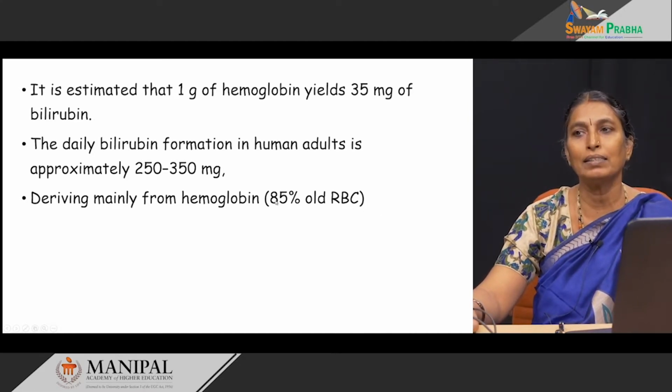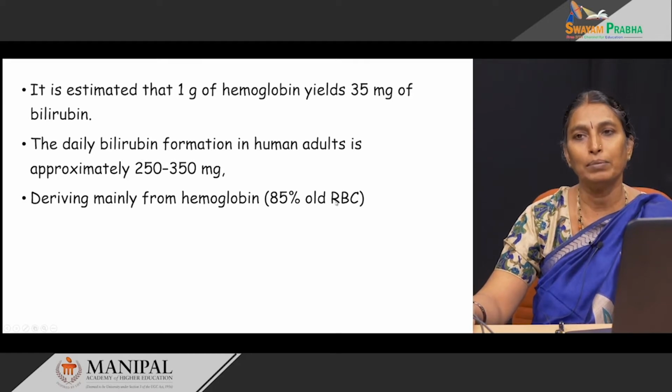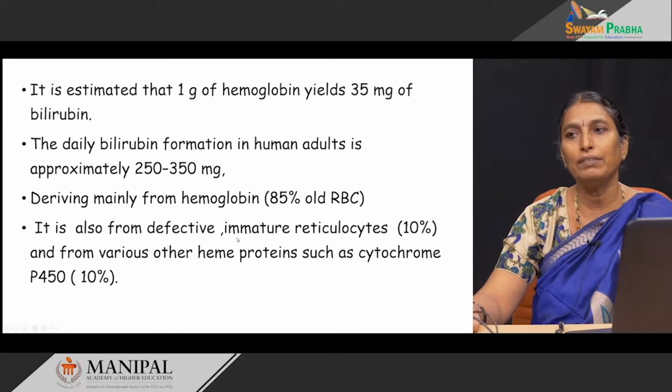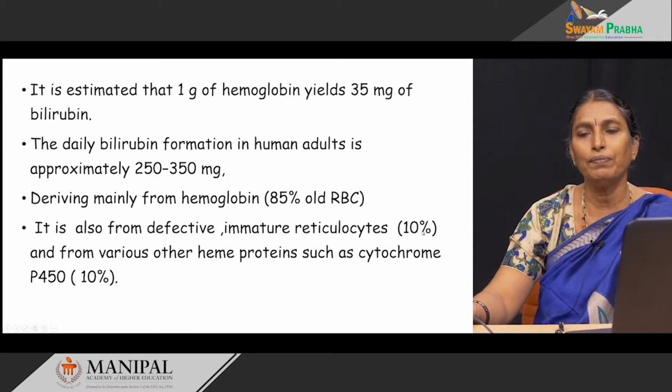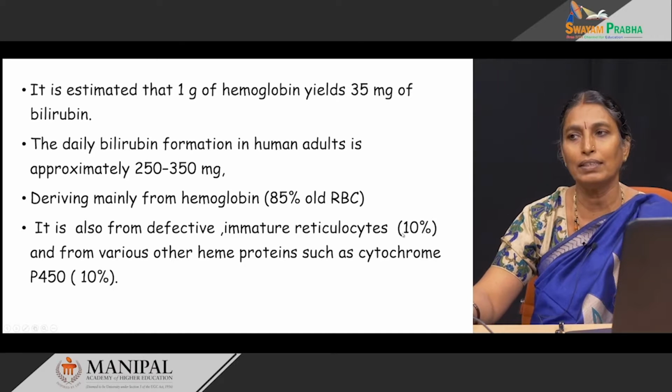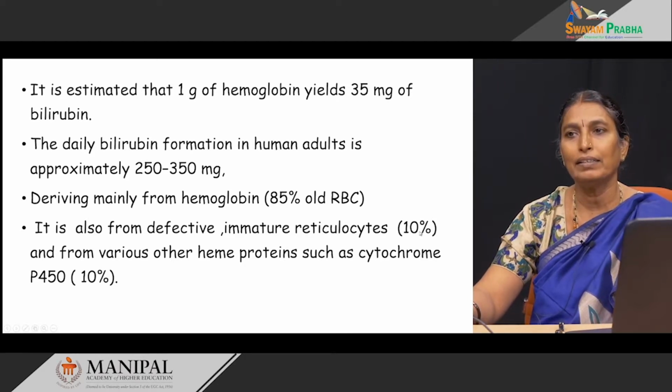Macrophages will release this hemoglobin from the RBCs. Other than this, we also have defective or immature reticulocytes coming from the bone marrow. Nearly 10 to 15% of reticulocytes will get degraded and release hemoglobin.